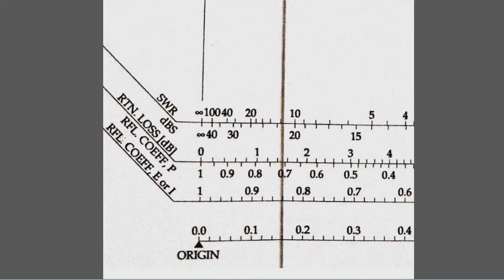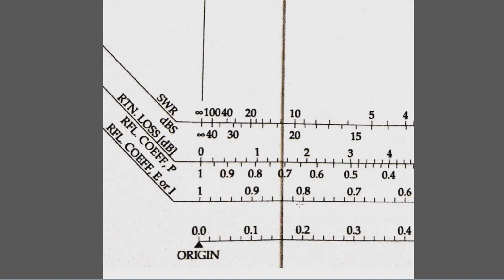In a similar way, the reflection coefficient, this third line. The first line will give you SWR, the third line will give you the reflection coefficient. Here the reflection coefficient goes from 0.8 to 0.9. The difference between these two points, 0.8 to 0.9, is equal to 0.1. 0.1 is divided into 5 parts: 1, 2, 3, 4 and 5.